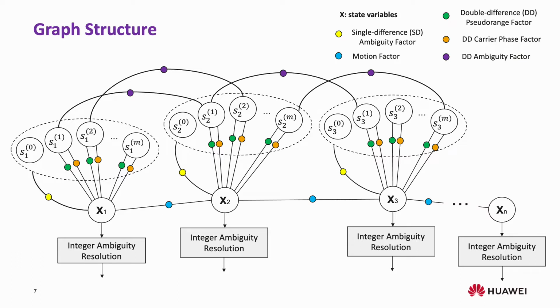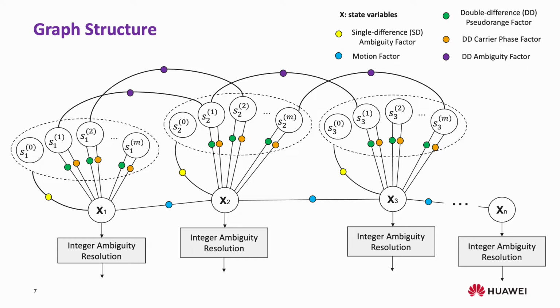One is the state variable, which is to be estimated by factor graph optimization, and another type is the factor, which encodes the constraints applied to the state variables. I'll introduce the factor graph framework in this slide briefly, and then I'll go to each factor in detail in the following slides.